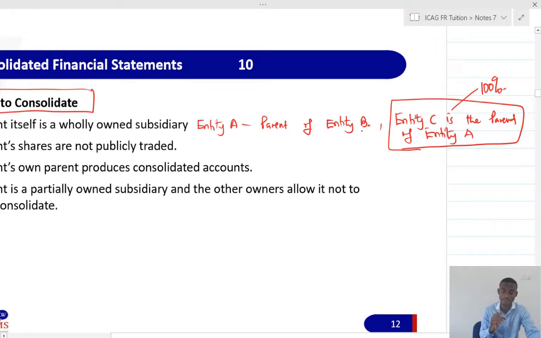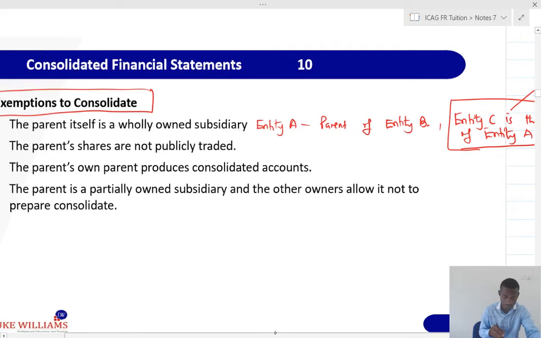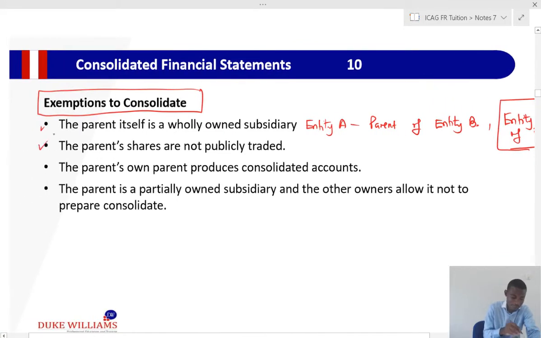I take that again. Under this circumstance, where the entity A is a subsidiary of C, before entity A itself is a parent of B, and entity A is a wholly owned subsidiary of C, entity A can be exempted from consolidating the accounts of B because C, who is the main parent, will consolidate both A and B. The next point is the parent shares are not publicly traded.